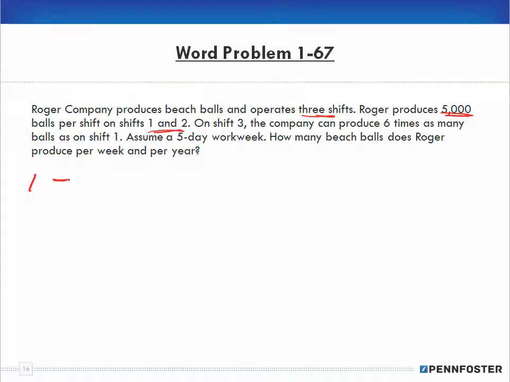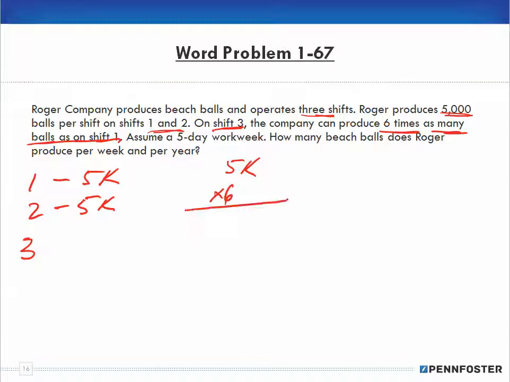So shift 1, 5,000, shift 2, 5,000. On shift 3, the company can produce 6 times as many balls as on shift 1. Well, if on shift 1 he can produce 5,000, right? And on shift 3 they can produce 6 times as much, right? That means they can produce 30,000. Okay.